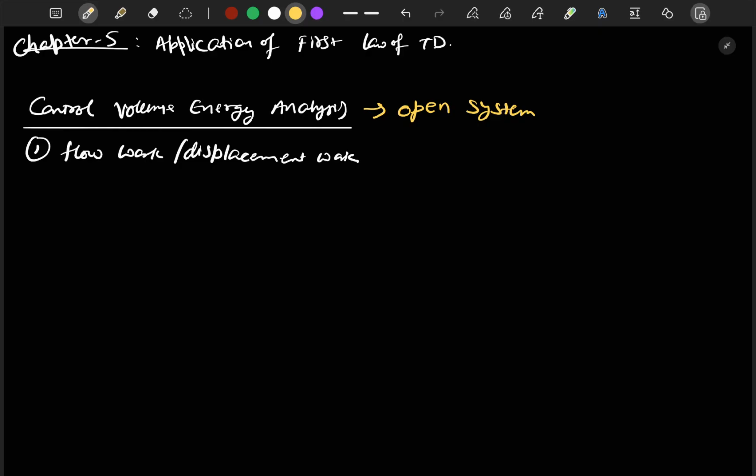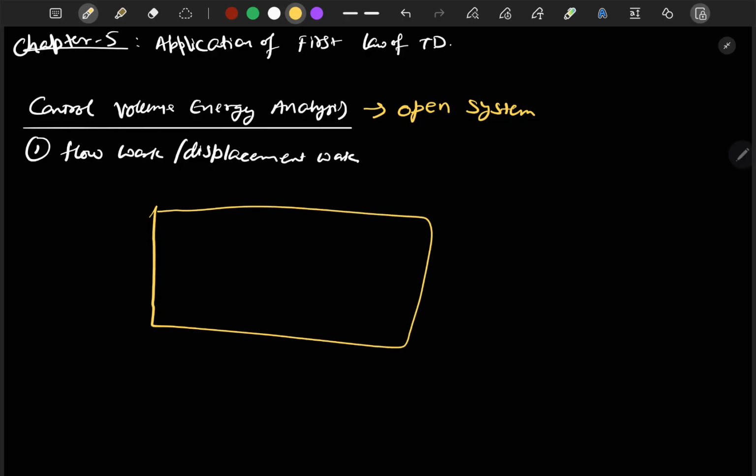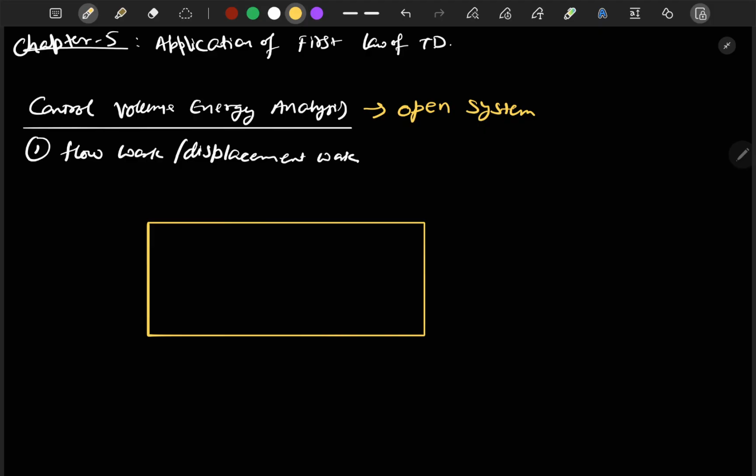What is a control volume? We consider a part of the system. Let me draw a diagram first. Let's say this is a system, and there is an inlet port and an outlet port here. Let's say this is an inlet port, and this is an outlet port.